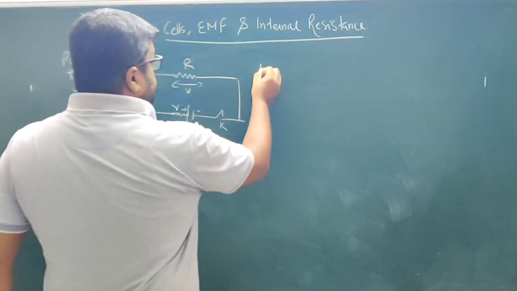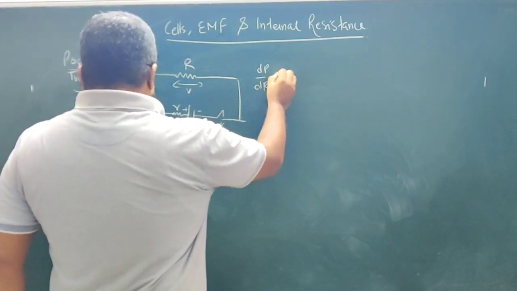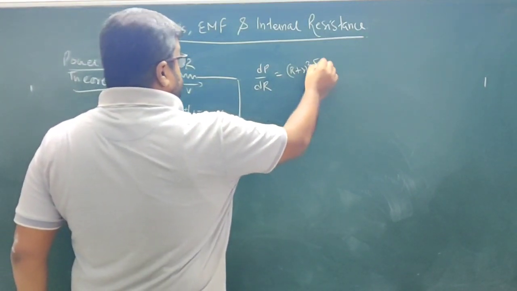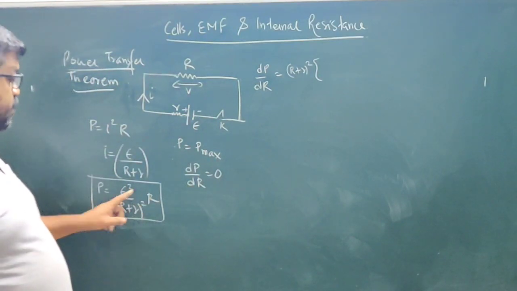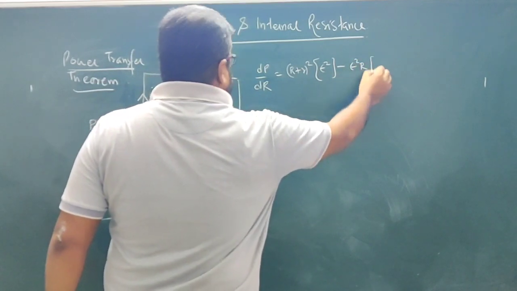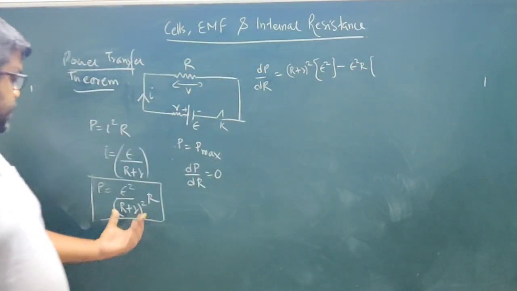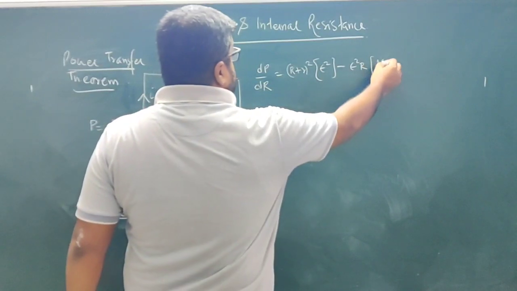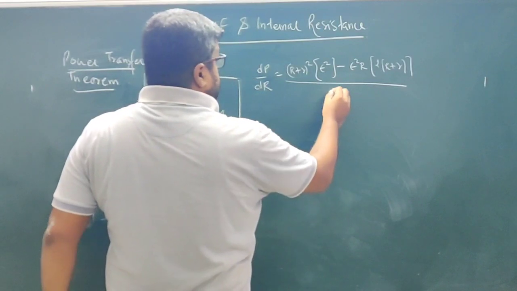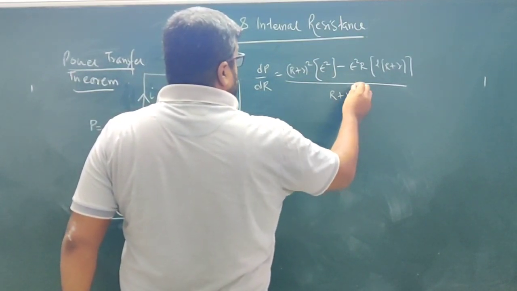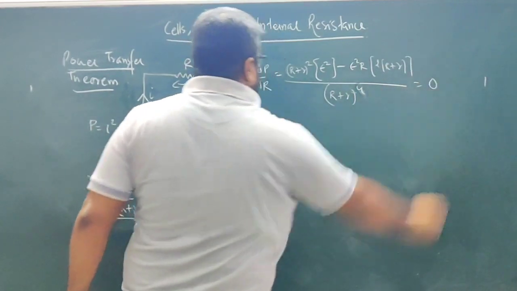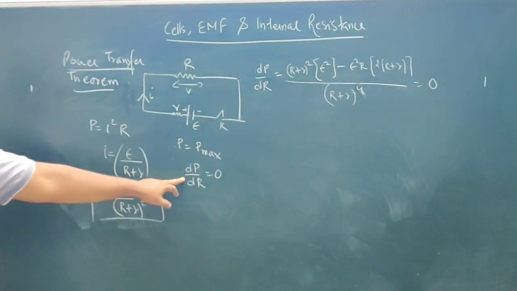So let us differentiate this. dP by dR: this is (R plus r) square, and differentiating with respect to R we get E square, minus E square R, then we have to differentiate this, so this is 2 times (R plus r) divided by (R plus r) to the power 4, and this is equal to 0. That is for maximum power.